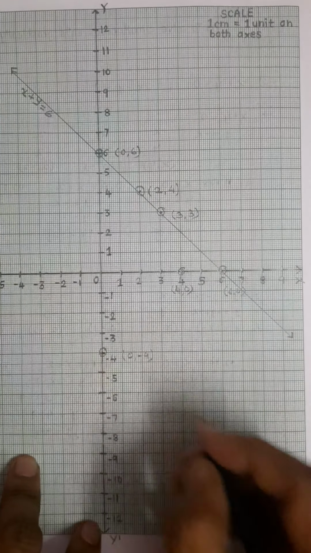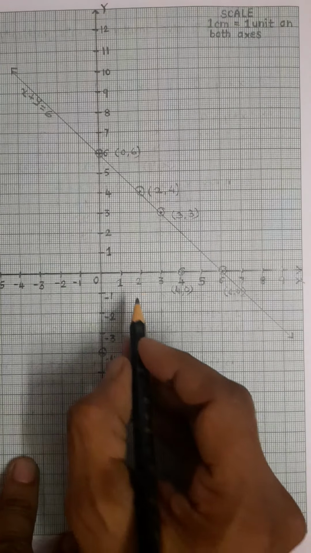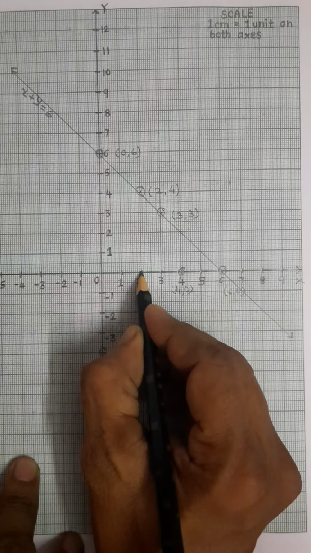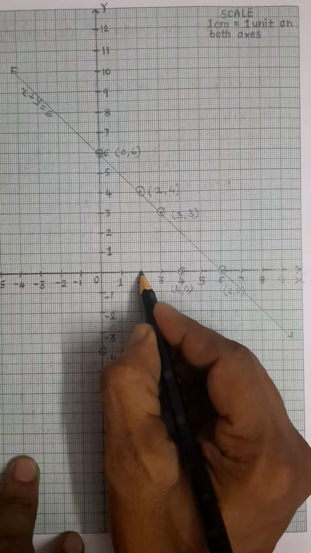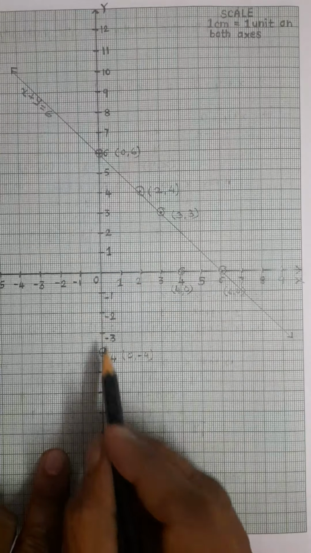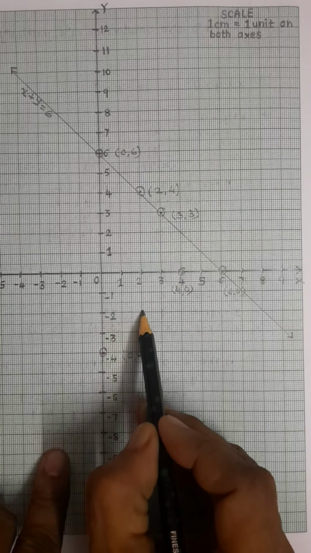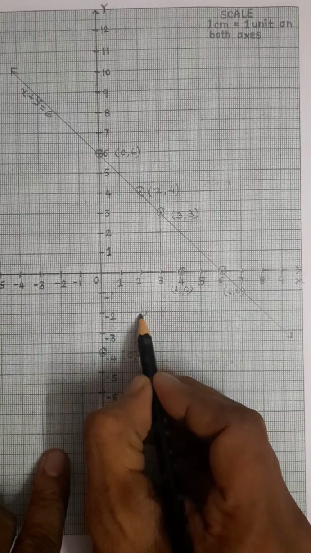Now see the third order pair, it is 2 and minus 2. On the x-axis this 2, on the y-axis this is minus 2. Therefore we get the point here, and this point is 2 and minus 2.